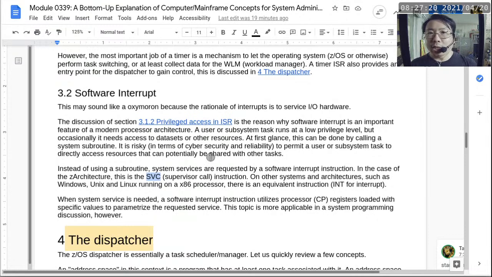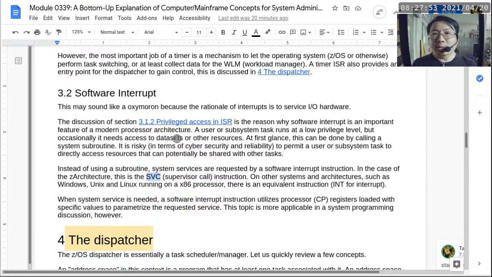So that interaction is done by the SVC call instruction, which is basically a software interrupt, because it uses exactly the same mechanism that we talked about in section 3.1.2, where when an interrupt happens, right before we get into the ISR, the privilege level is elevated, and then when we return from the ISR, the privilege level is back to normal.